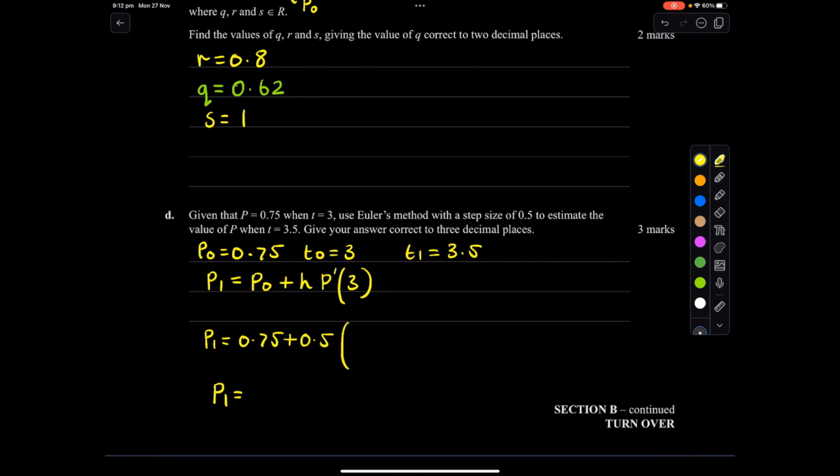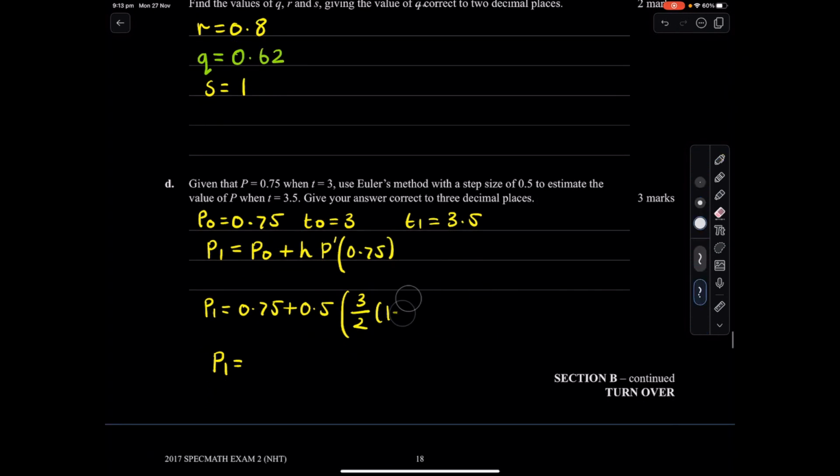Inside here it's supposed to be 0.75, P dash of 0.75.